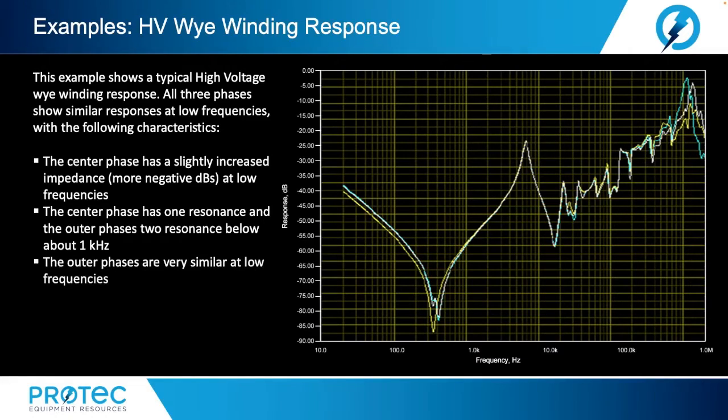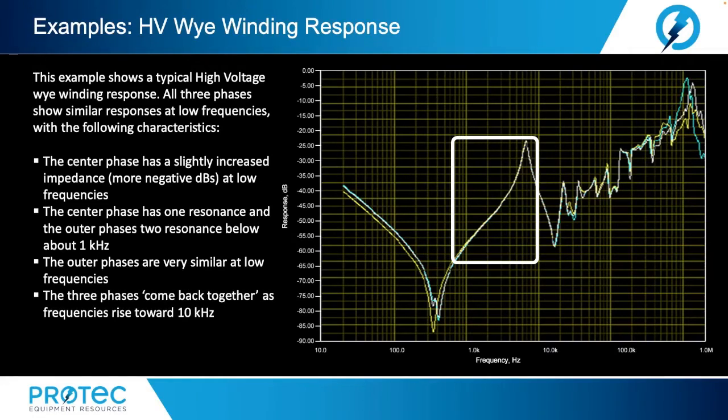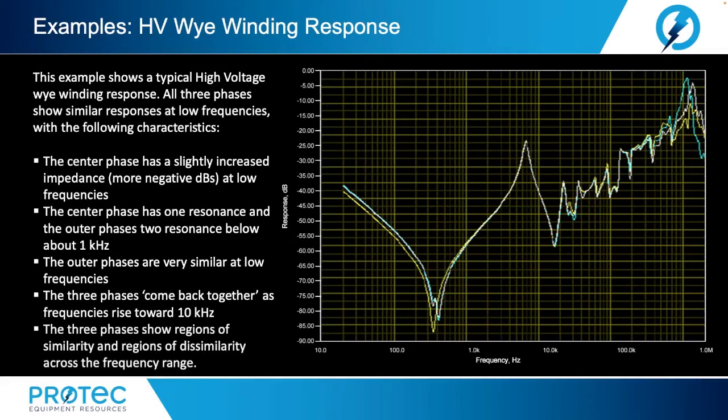The outer phases are very similar at low frequencies. The three phases come back together as frequency rises toward 10 kilohertz. The three phases show regions of similarity and regions of dissimilarity across the frequency range.